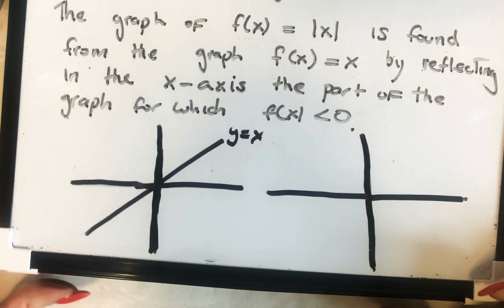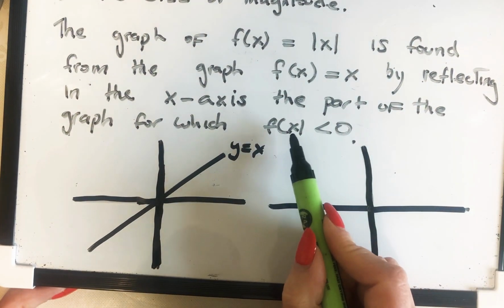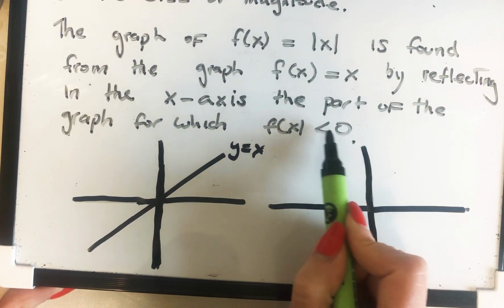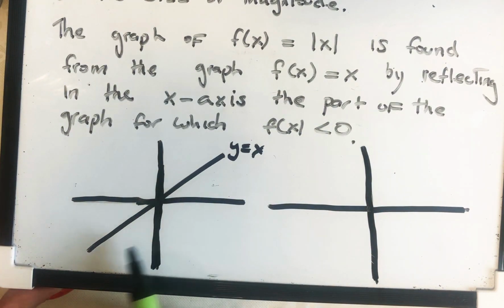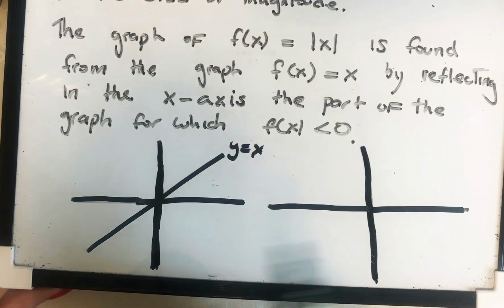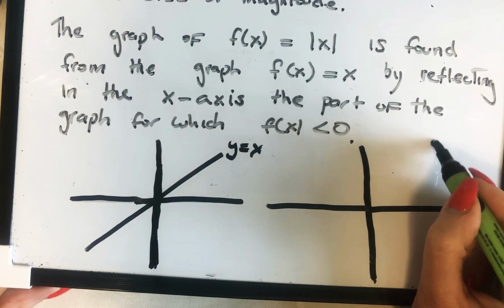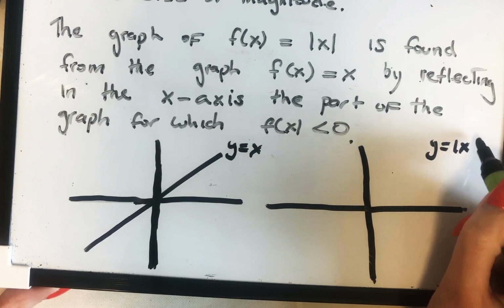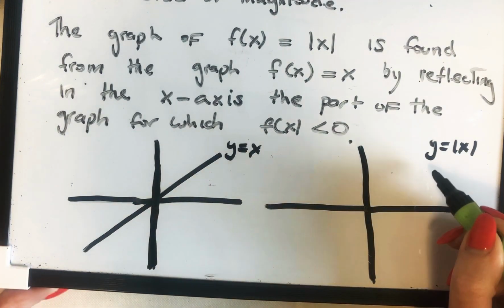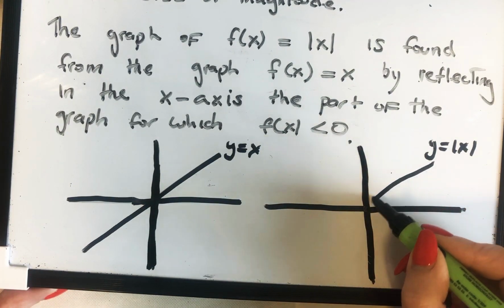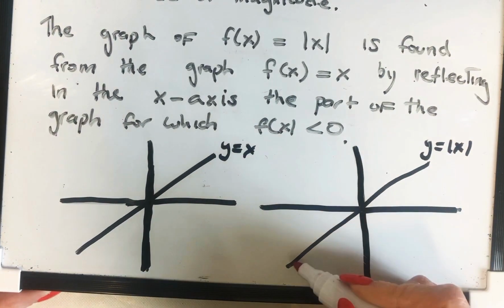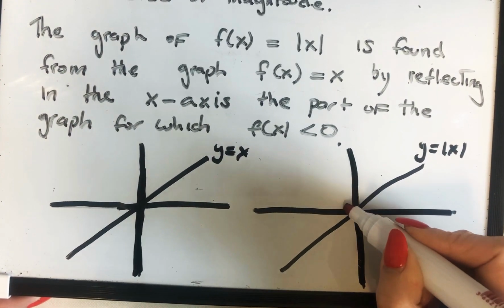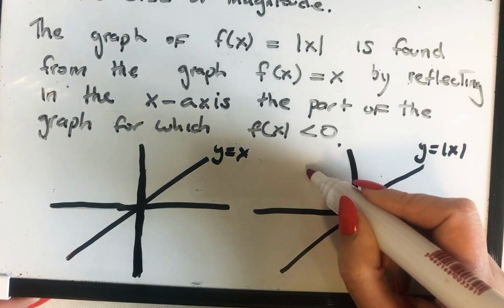And to form the modulus of x, you can see here that we don't want any of our graph being less than 0. So the graph is always less than 0 underneath here. So to form the graph y is equal to modulus of x, we take our y is equal to x again, and we reflect this part up here along the x-axis.